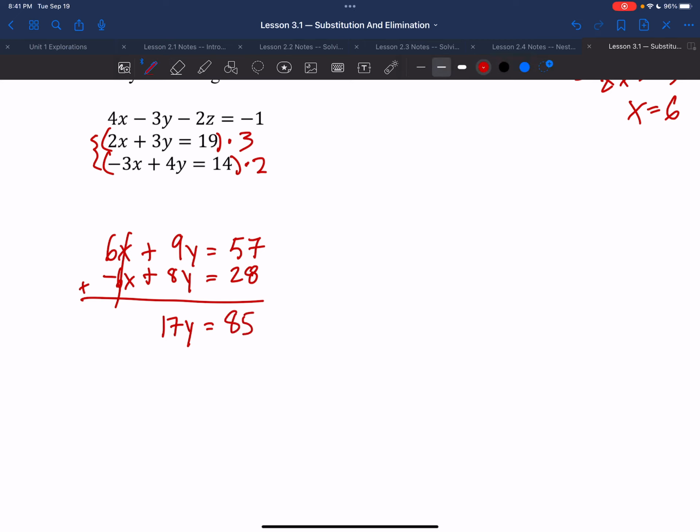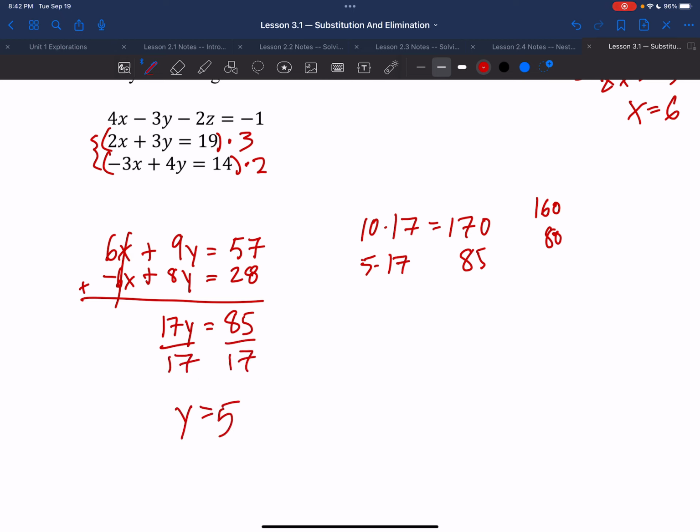Is 85 divisible by 17? I think it is. Well, 10 times 17 is 170, and half of 160 is 80, so half of 170 is 85. So 5 times 17 is 85. Yes, 85 divided by 17 is 5. Cool. So I found y.